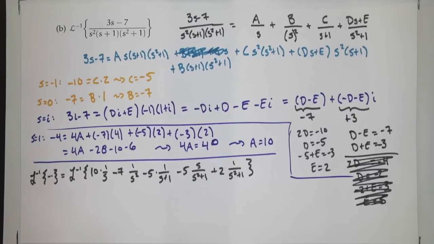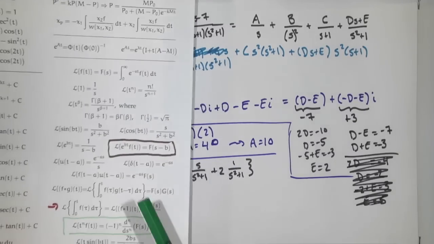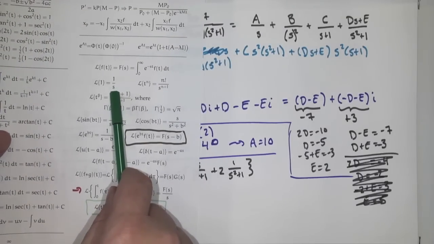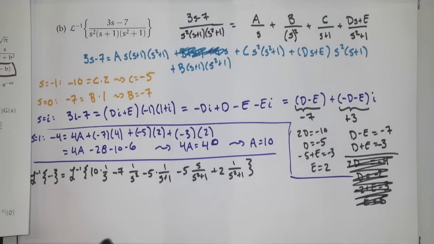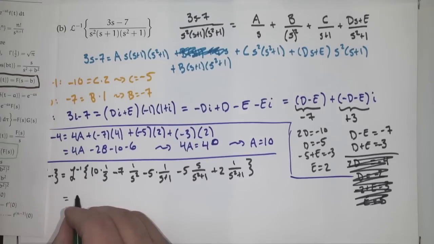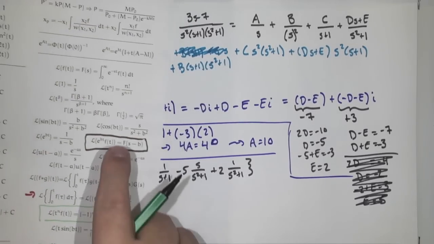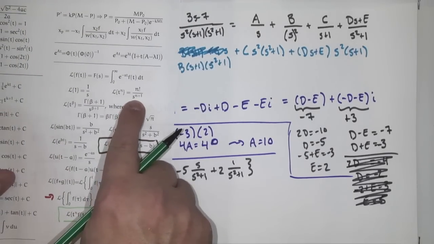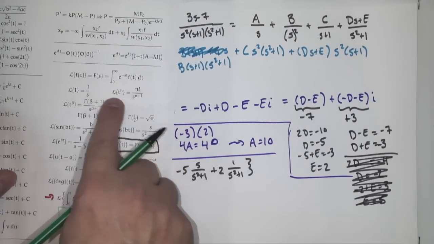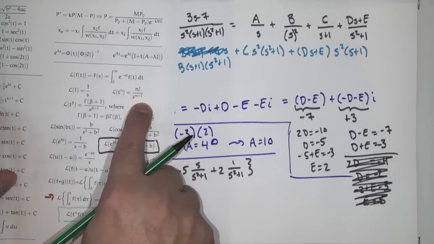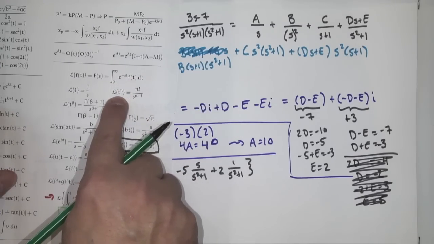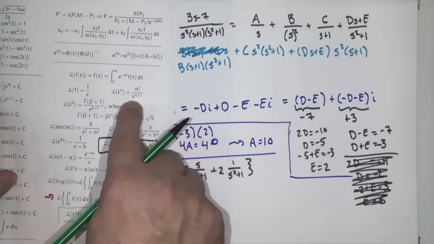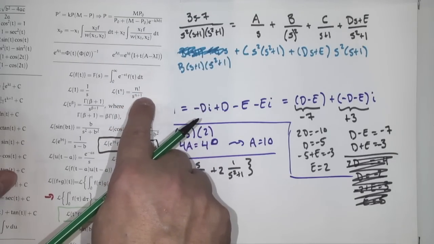And even though we don't have much space left, we don't need much space. 1 over s, the inverse Laplace for that, is 1. So we get a 10. 1 over s squared. Well, that would be taking our Laplace transform of t to the n and using n equals 1. So that would be 1 factorial over s squared.